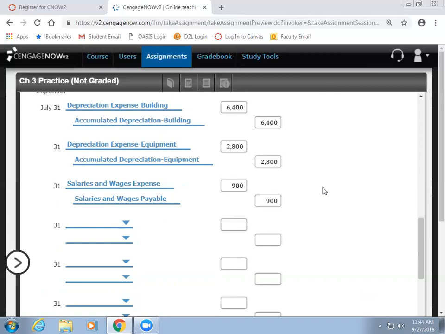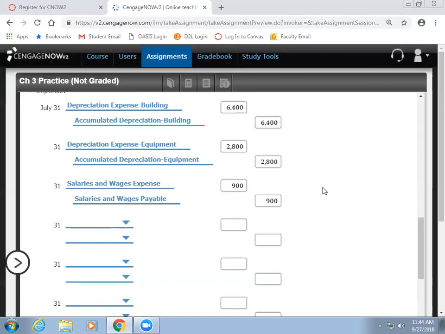Well, this is when I need to look. I will scroll up, or I'm going to just look at what its beginning balance was. So I know as of the trial balance, as of July 31st, my prepaid insurance account had a debit balance of $6,000. So that's the beginning balance.